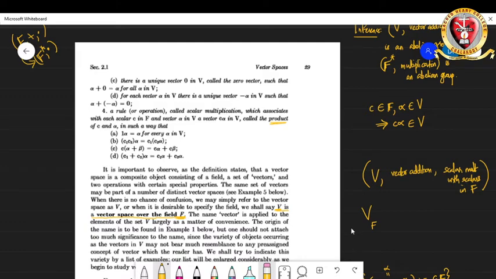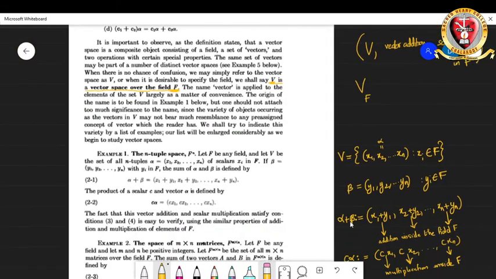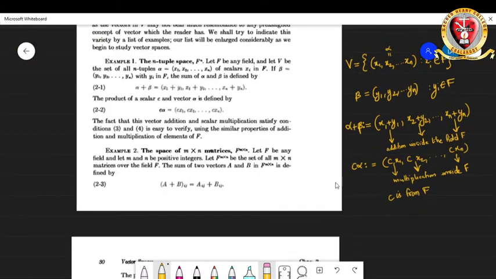So totally there are 8 properties which you have to verify, which are very simple, and you can try them out and see that this is actually a vector space we are talking about.